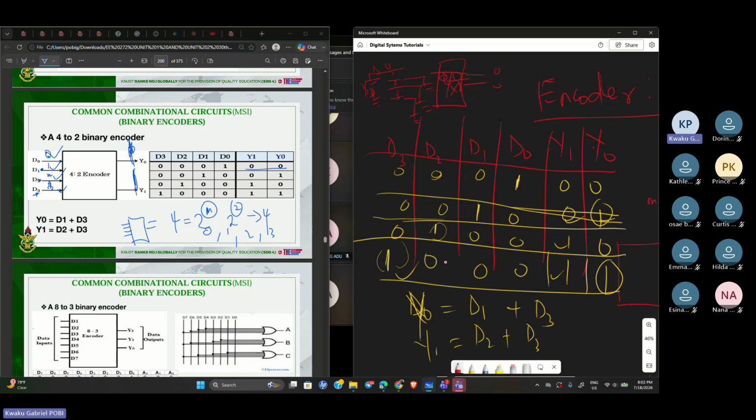The rest are all grounded. That's just a brief explanation of the encoders. If you are supposed to draw, then you just place D1 and D3 and take them through an OR gate, then you get Y0. You do the same for D2 and D3. Then you get your expressions for Y0 and Y1 respectively. That's all. So we can actually end the class here.